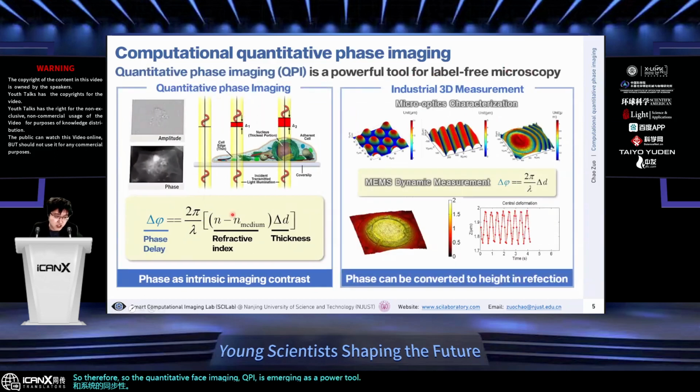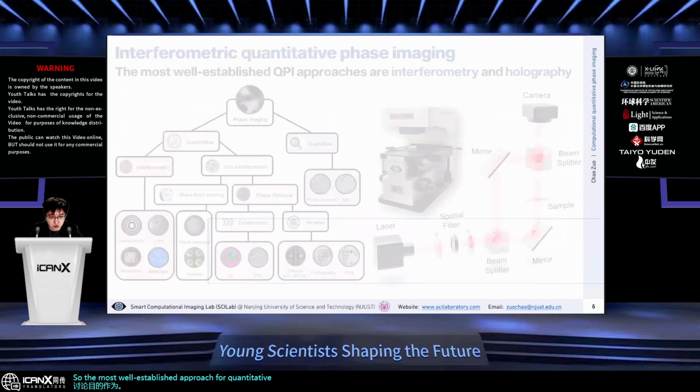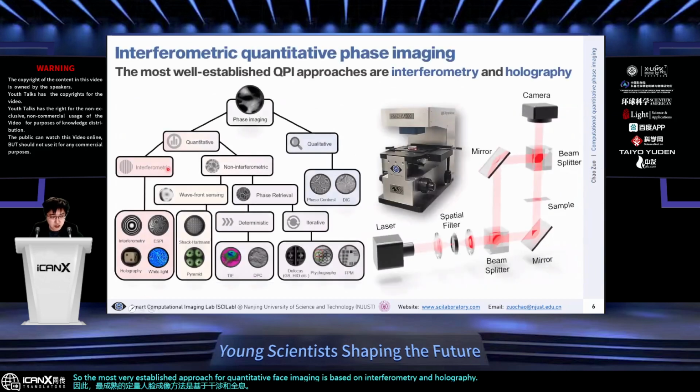If we measure the phase, we can use it to infer the refractive index or thickness of the sample. It can also be used to measure the 3D height or topology for some reflective samples, as discussed in Professor An's talk. The most well-established approach for quantitative phase imaging is based on interferometry and holography. Actually, we learn this from our textbook.